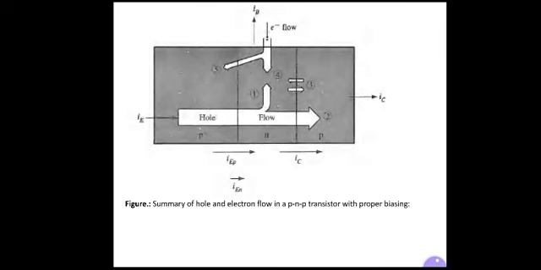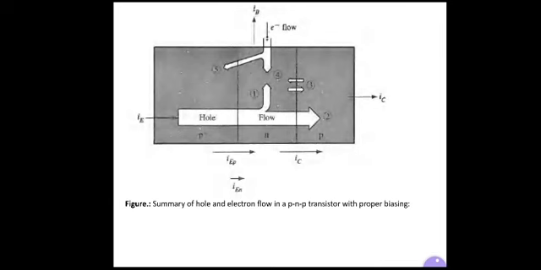In the figure, you can observe there are numbers 1, 2, 3, 4 and 5. Number 1 shows the injected holes lost to recombination in the base. It is shown in the middle, in the base N region, with an arrow mark going upward.